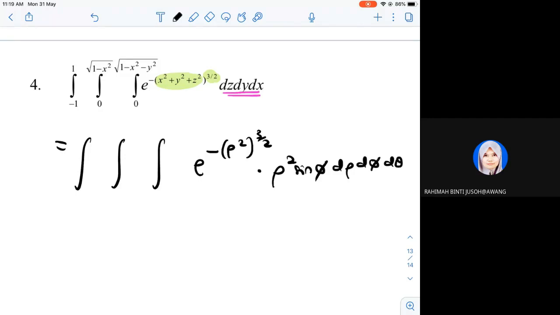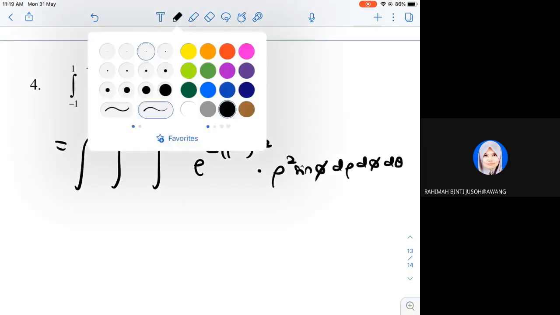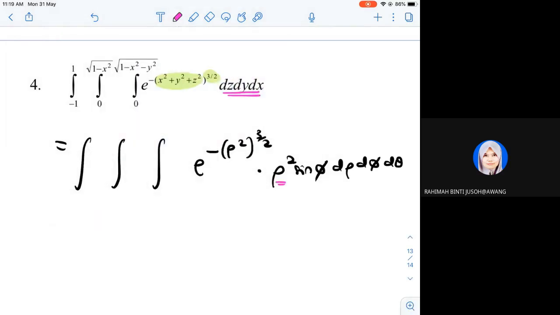Either one lah, it's up to you. Tak kisah mana-mana, d phi dengan d theta tu boleh ubah position. Alright, so that's 5 terms. 5 beradik dalam spherical. You kena ingat tu. Dia ada 5 terms: 1, 2, 3, 4, 5. Ini you kena hafal. Memang kena ingat.